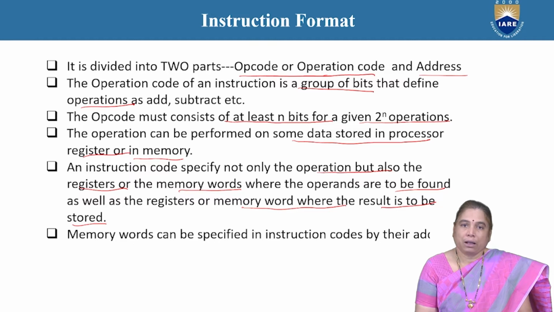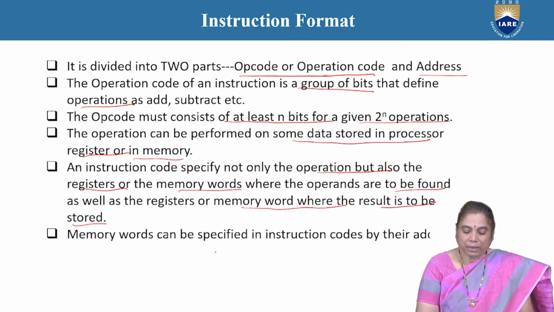After performing the operation, whatever results are generated can be stored. Where these results can be stored is also specified with the help of instruction code. So, the address part can specify where the operands are located and where the results are to be stored.